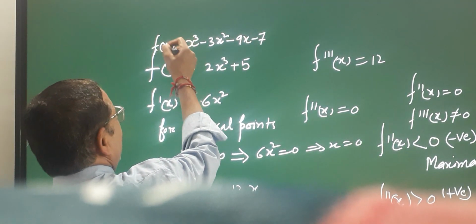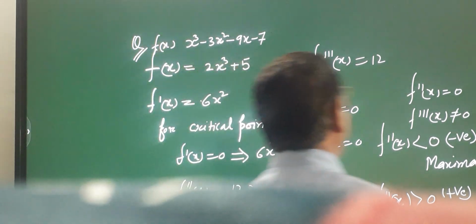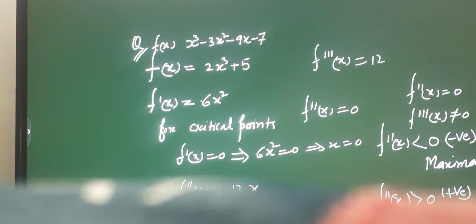This is a question from your book: x cube minus 3x square minus 9x minus 7.